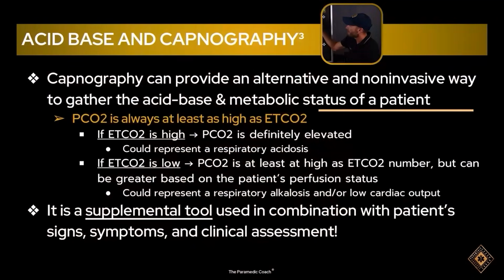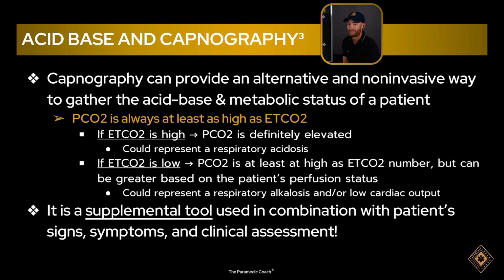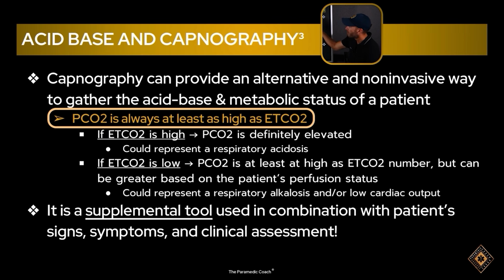Now, capnography can provide an alternative and non-invasive way to gather the acid, base, and metabolic status of a patient. Now, folks, the PCO2 is always at least as high as the end tidal. That's a big pearl.